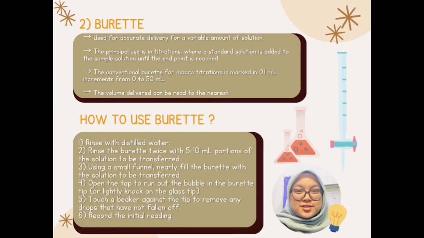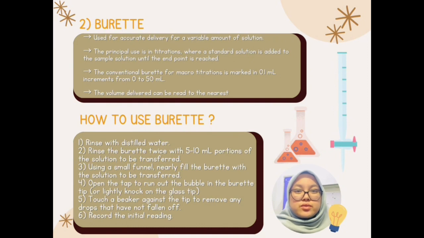Next, we have burettes, which are essential in titration procedures. A burette is used to deliver a variable amount of solution drop by drop, especially in experiments where detecting the endpoint of a reaction is crucial. It's typically marked in 0.1 ml increments and can hold up to 50 ml. To ensure accurate titration results, proper technique is key when using burettes.